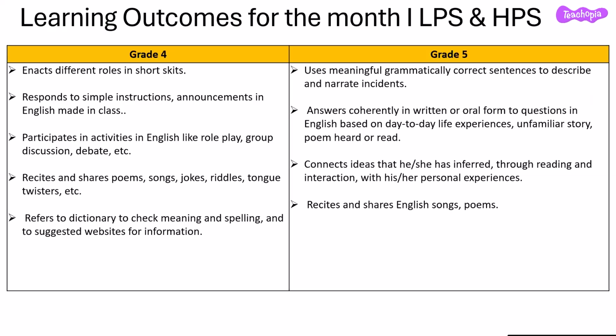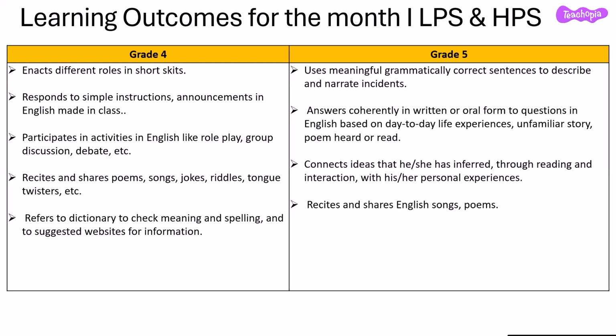Let's look at the learning outcomes for the month. For grade 4, we have enacts different roles in short skits, responds to simple instructions and announcements in English made in class, participates in activities in English like role play, group discussion, and debate, recites and shares poems, songs, jokes, riddles, tongue twisters, etc. Refers to dictionary to check meaning and spelling and to suggested websites for information.